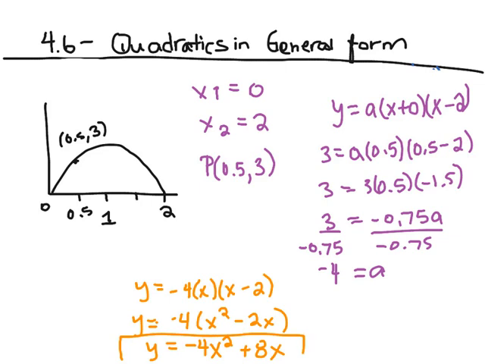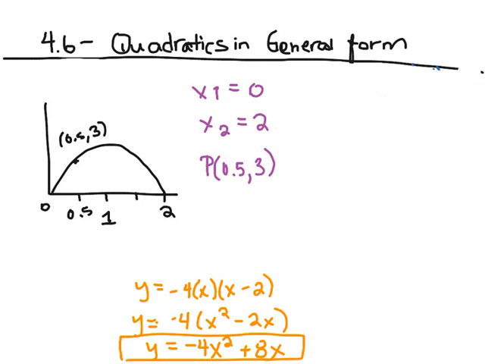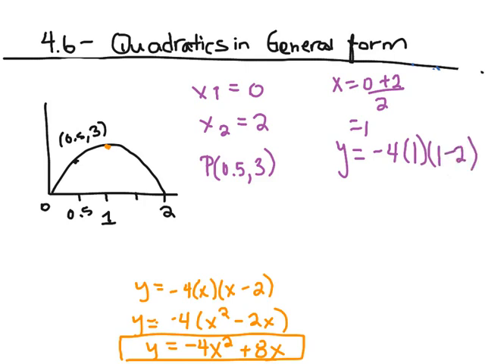Part B asks us if an item that is 3.5 meters high would fit through the doorway. So we want to find our vertex right there. So we know x equals 0 plus 2 divided by 2, which is 1. So our x value is 1. Plug this into our equation. y equals negative 4 times 1 times 1 minus 2. y equals negative 4 times negative 1, so it's 4.